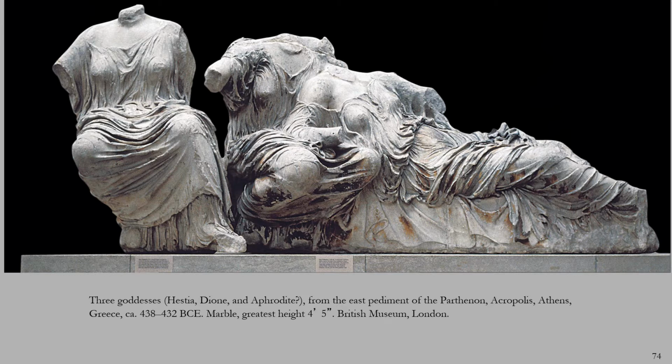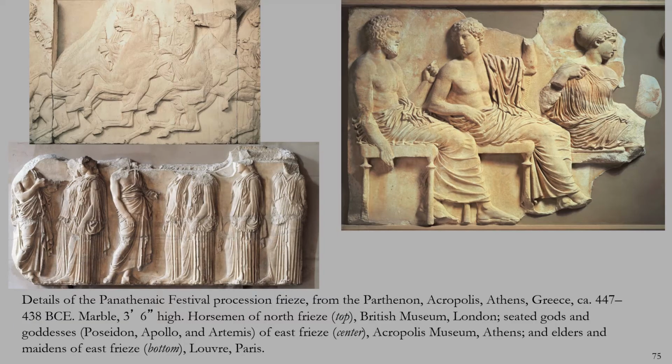It is everywhere, and that female form is really trying to come out from under this garment. We will see eventually the Greeks will throw that garment away completely, and the female statues will become as nude as the male statues, but we're still a few decades away from that as of yet.